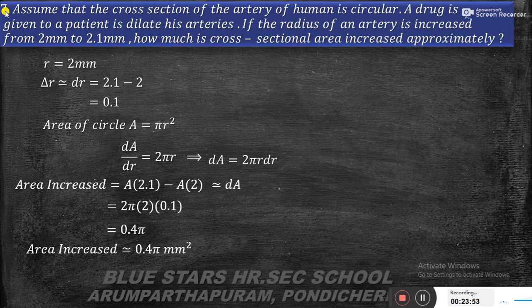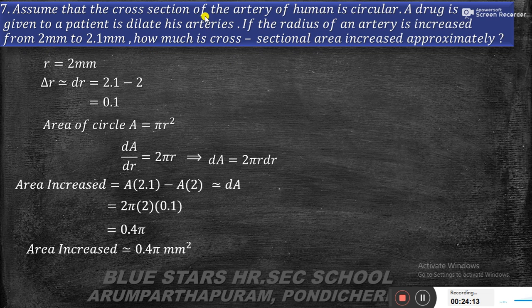Now we discuss the seventh problem. Assume that the cross section of the artery of a human is circular. A drug is given to a patient to dilate his arteries. If the radius of one artery is increased from 2 millimeter to 2.1 millimeter, how much is the cross section area increased approximately?